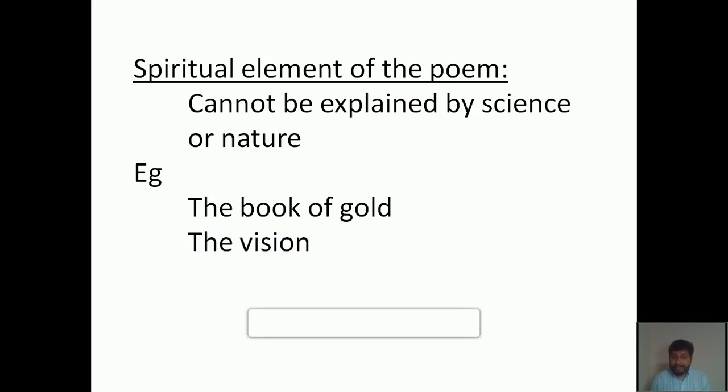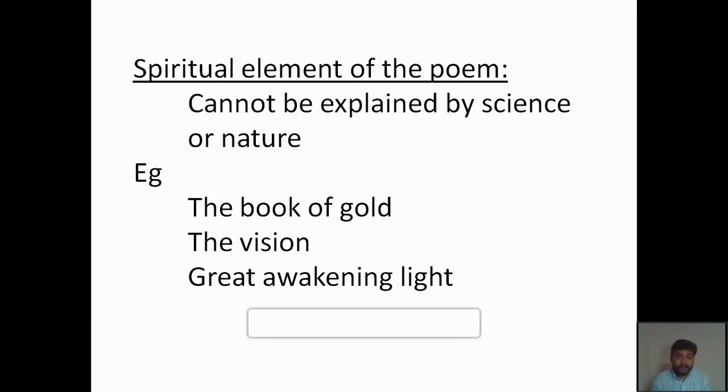Again, the vision. The main character of this poem is having a vision, which cannot be explained by science or nature. Again, a great awakening light. It is not told in the poem that it was the light of a tube light or a bulb, but something different, a great awakening light.